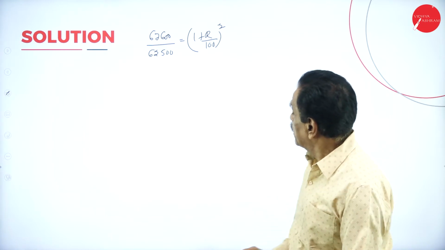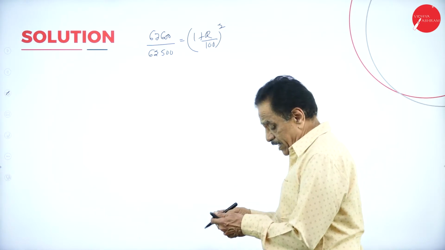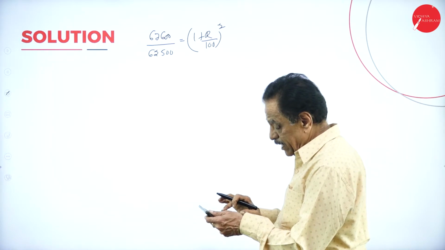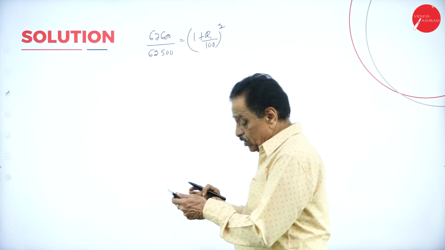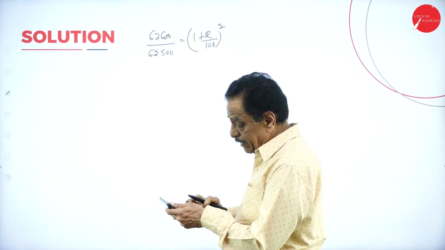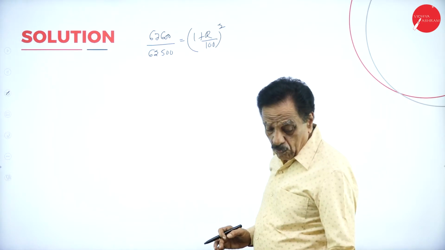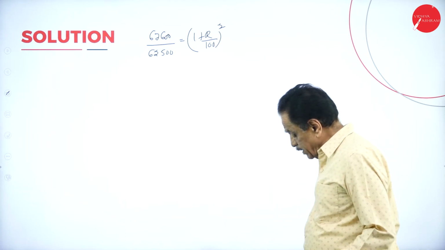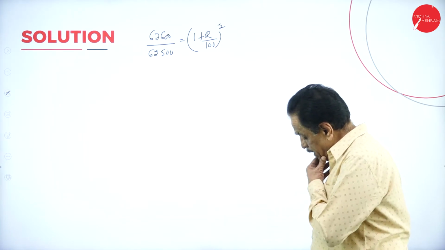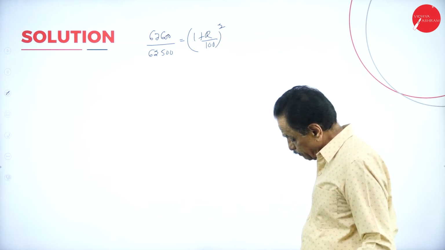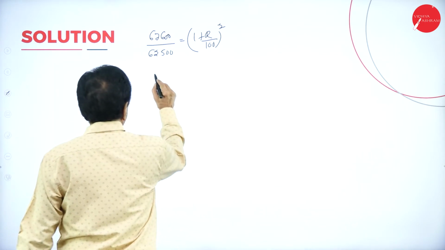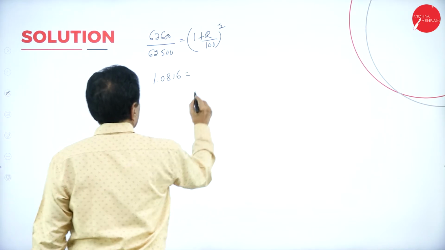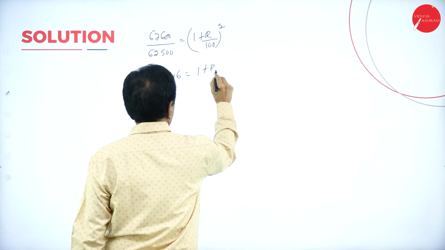Divide 67,600 by 62,500, and it comes to 1.0816. So 1.0816 is equal to 1 plus R over 100, the whole squared.